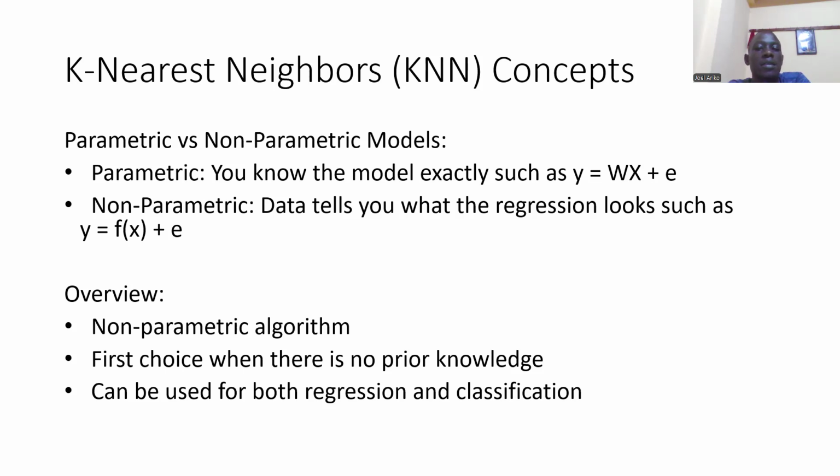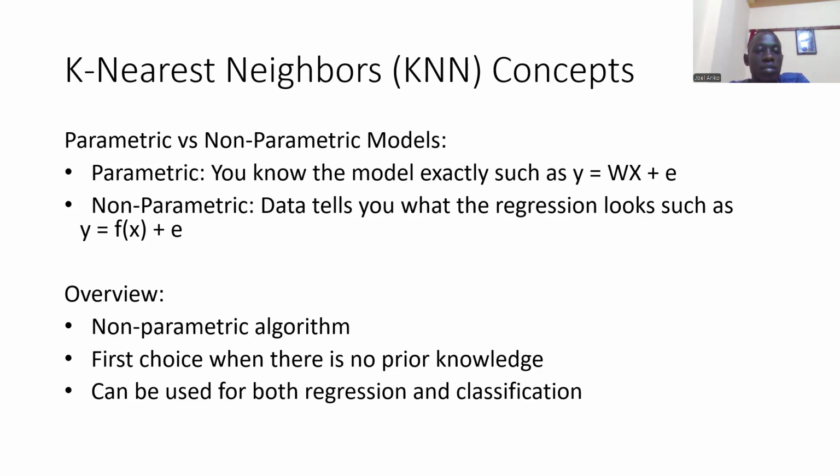We can dive into the KNN concept. This is actually a supervised learning algorithm, and there are parametric and non-parametric models. In parametric models, you know the model exactly. Then we have the non-parametric, which doesn't tell you upfront what the regression looks like.